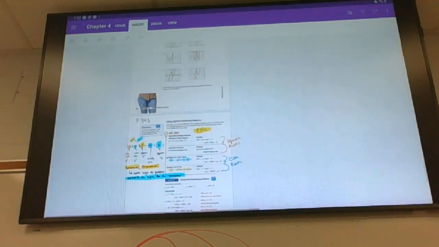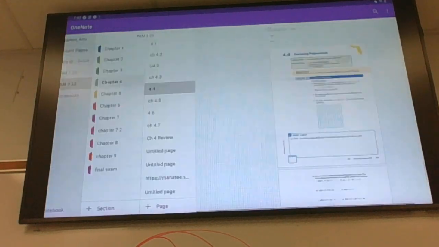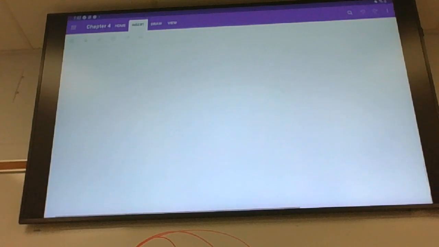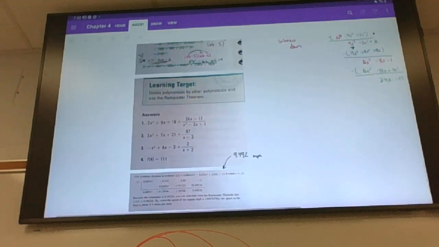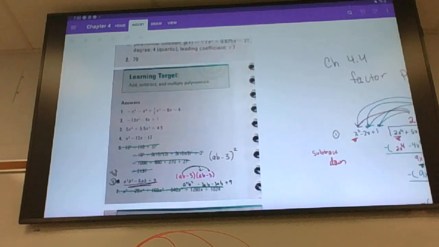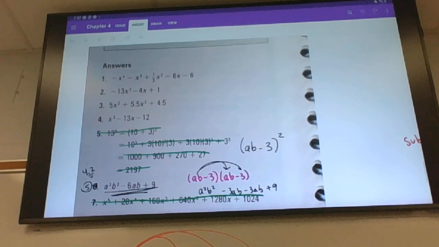But before we take more notes on it, let's just check yesterday's assignment. We did most of them in class. Here are the answers to the chapter 4.2 handout. This is the handout from yesterday.